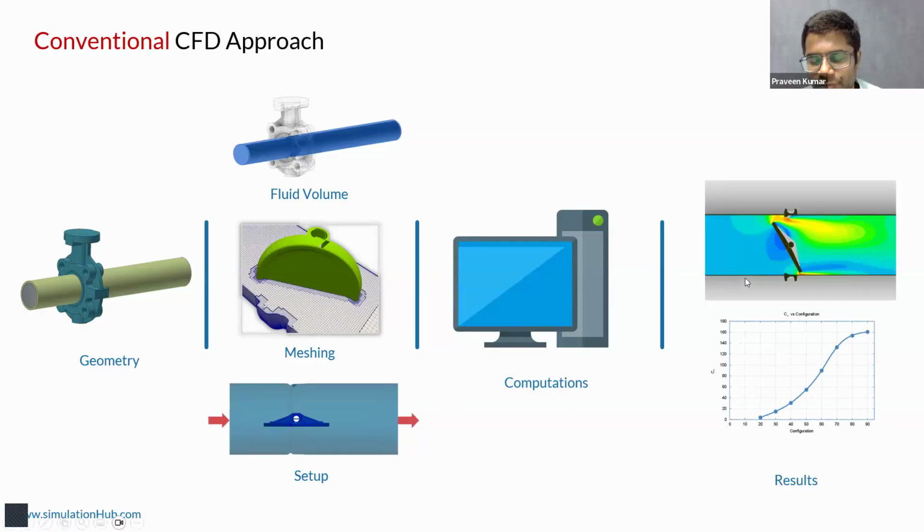So you get the results in both qualitative and quantitative ways. Okay. So in this case, the challenges are that the whole process is very skill oriented. You need special training and upskilling to learn these CFD processes.